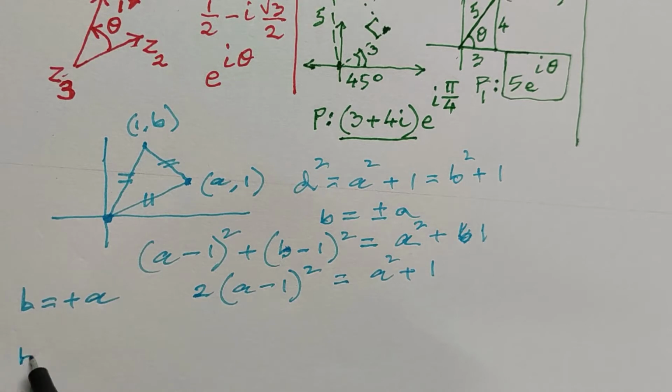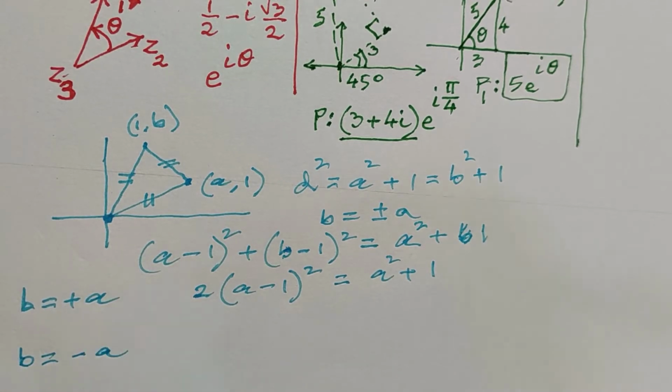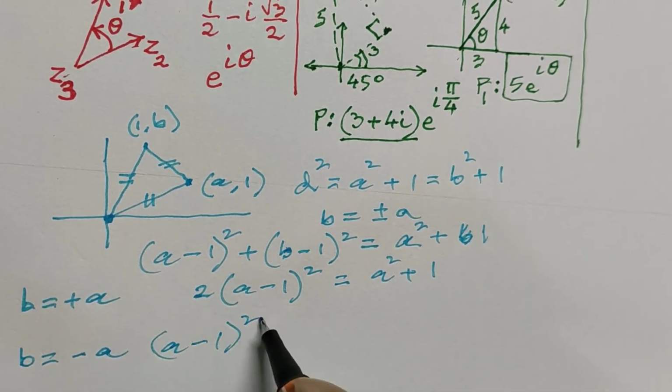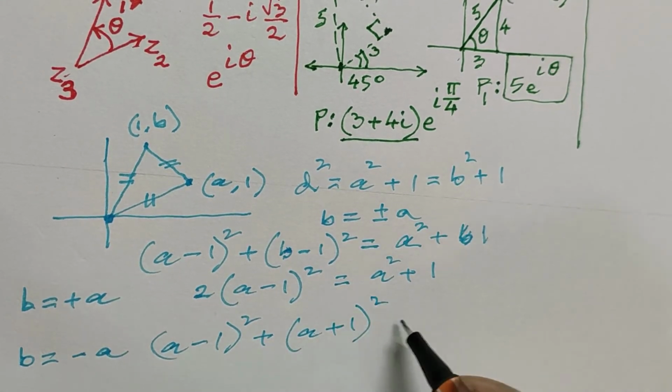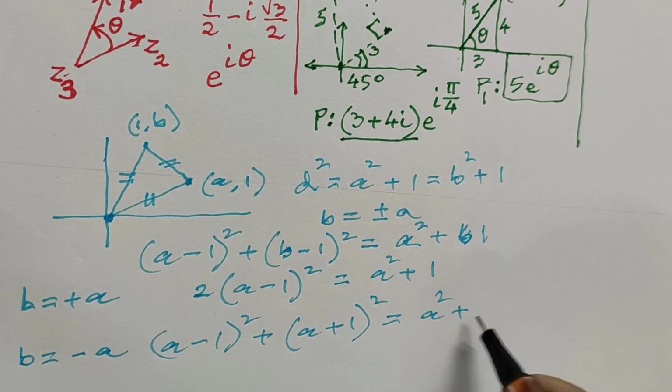Let's take b equal to minus a, then what we get is (a minus 1) whole square plus (minus a minus 1), so this becomes (a plus 1) whole square, equal to a square plus 1. This also is a quadratic, but let's see what happens.